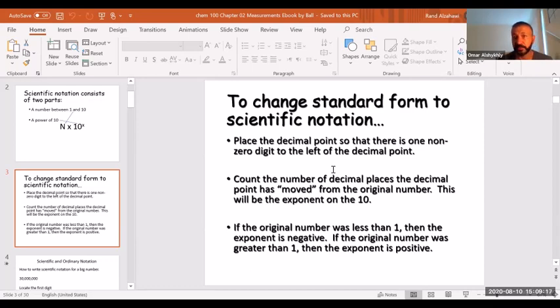It depends on whether the number is larger than 1 or less than 1. Count the number of decimal places. How many decimal places did you move the decimal point to get the number between 1 and 10? If the original number was less than 1, the exponent will be negative. If it's larger than 1, it will be positive.